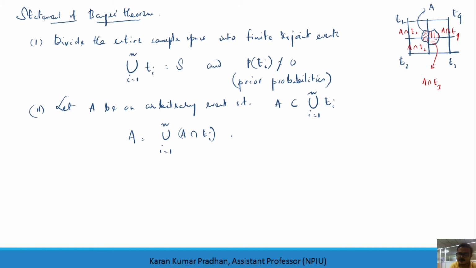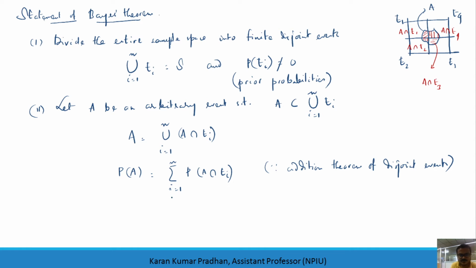See, these events are all disjoint, so if I am supposed to find the probability of A, as these are all disjoint, I will take the sum of the probabilities. As per the addition theorem of mutually disjoint events, this is the sum of the probability of A intersection Ei.